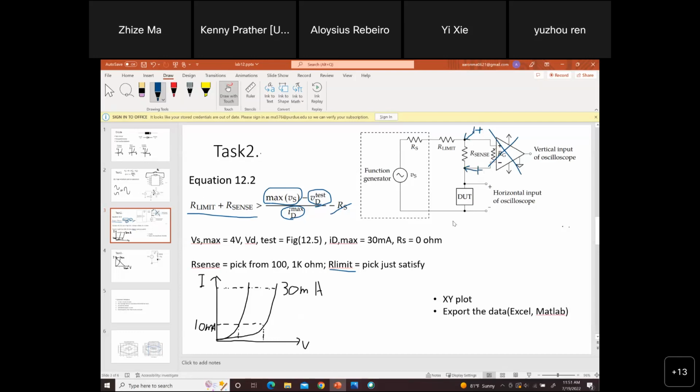Then you can measure the signal across R sense, and use channel 2 to measure the DUT. That's how you calculate the values, how you build the circuit, and how you use the oscilloscope to measure it.